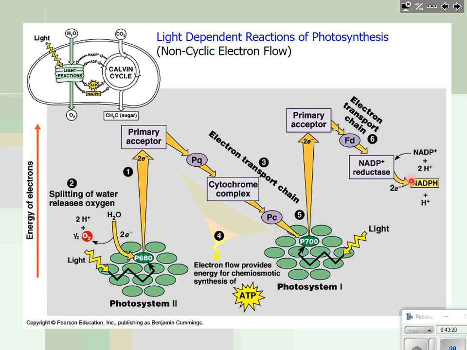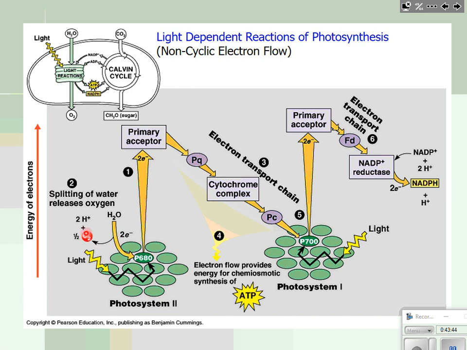So, by the end of the light-dependent reactions, light energy has been absorbed twice, once here and once here, and 3 things have been produced. Make sure you know the 3 products of the light-dependent reactions.